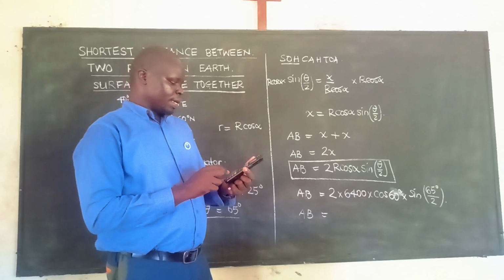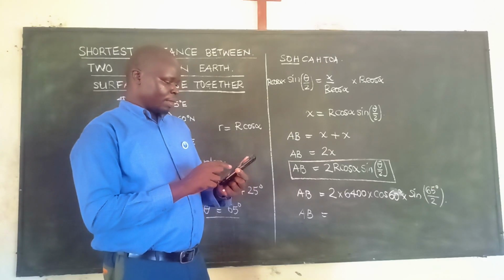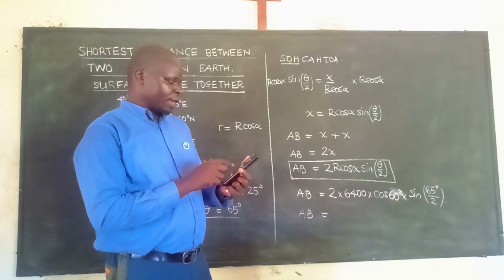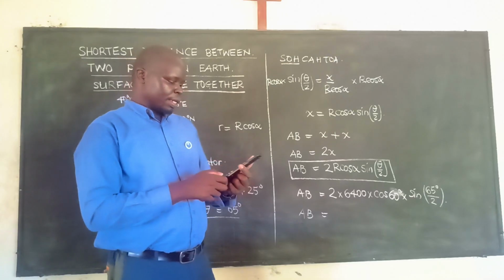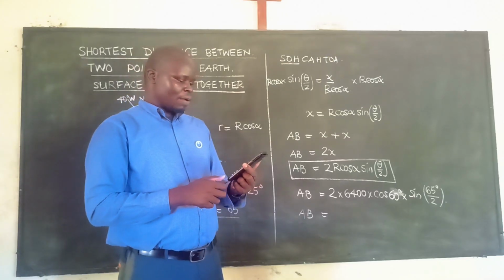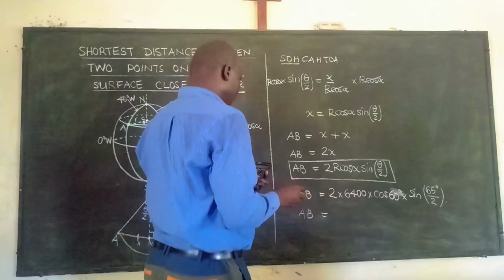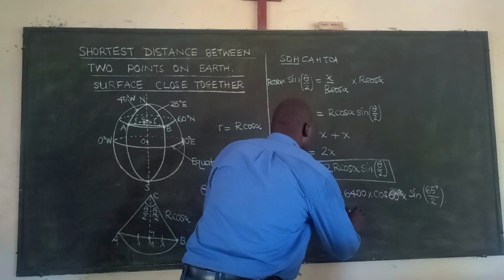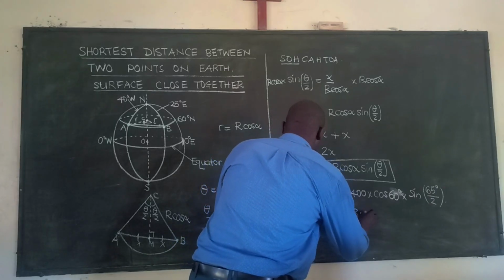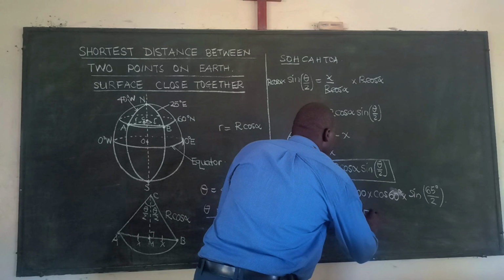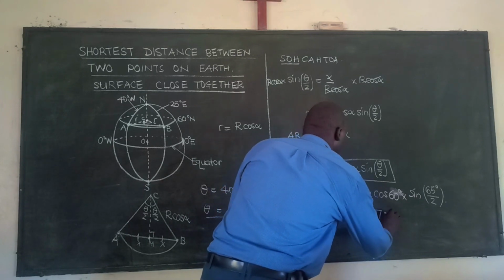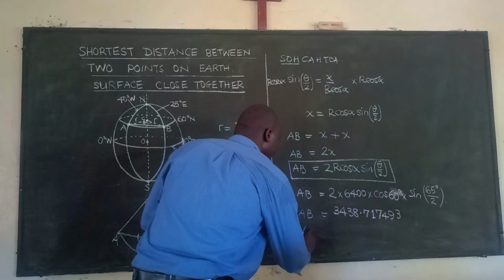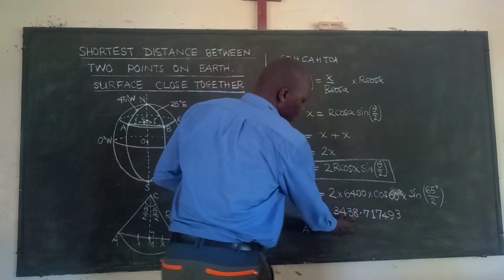We also multiply this by sine of, now we can make this as a fraction, that is 65 over 2, and we close the bracket, and we have here our answer as 3,438.717493, and we can approximate it to 3 significant figures.